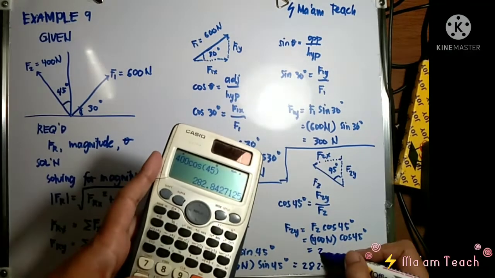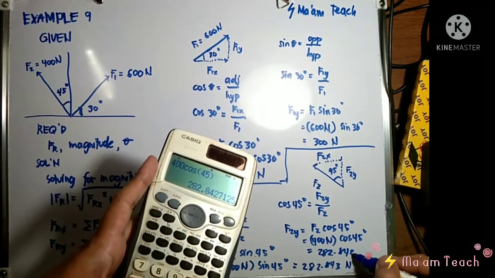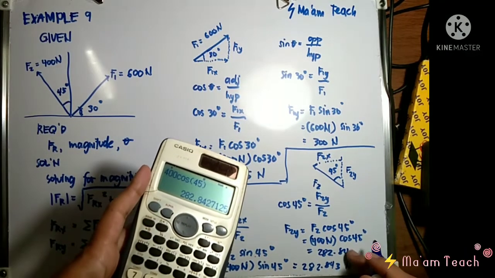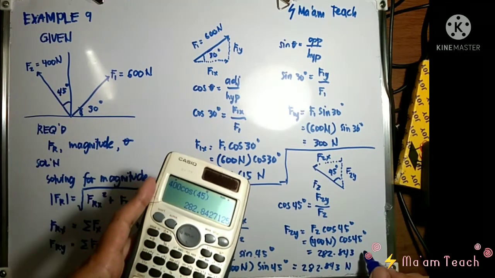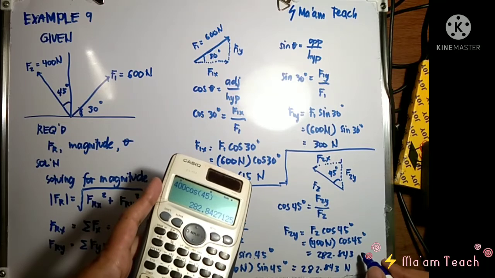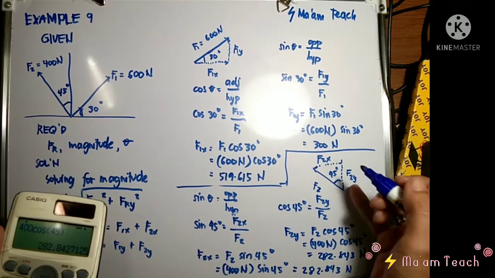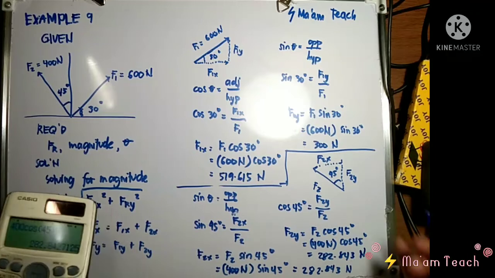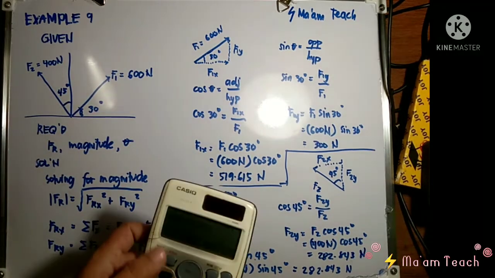If you can observe, they are just the same, class. Why? It's because in a 45-45-90 triangle, the sides are the same. The side, this one and this one, are the same. So there you go, our x and y components.